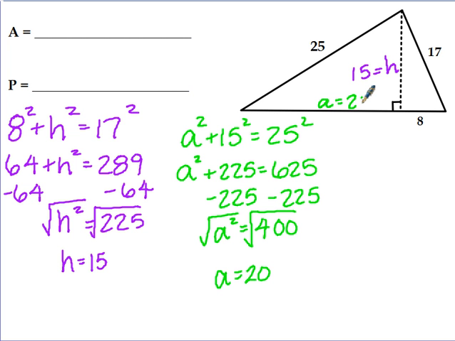Now I can find the area and the perimeter. So my perimeter, I'm just going to add up all the sides. 25 plus 17 plus the bottom here is going to make 28. And I ran out of room a little bit, but 28. So my perimeter is going to be 70. And there's no units here, so it's just 70.